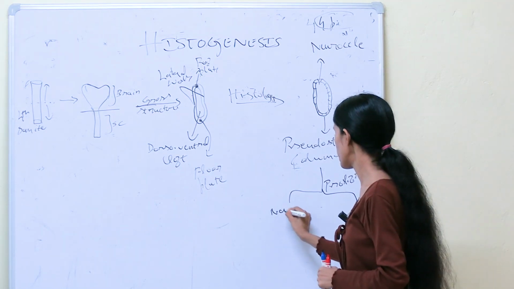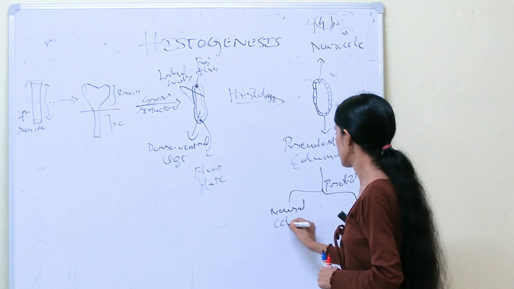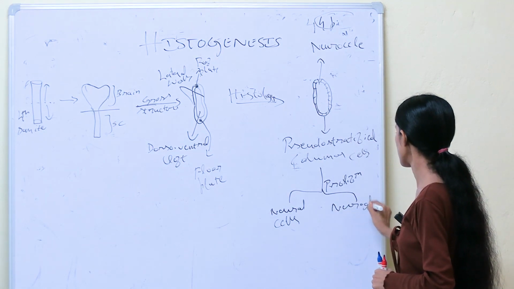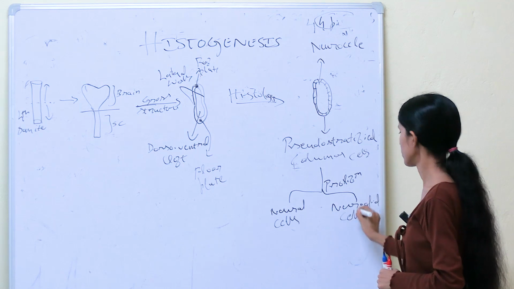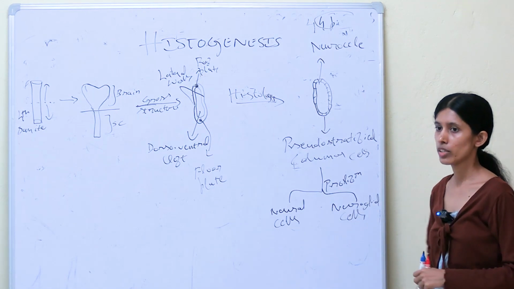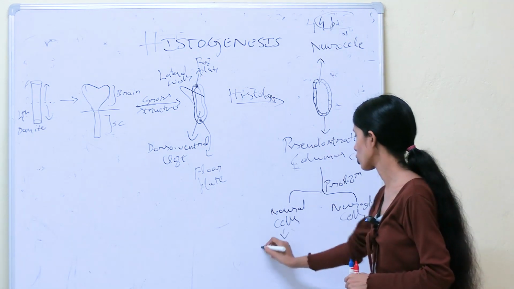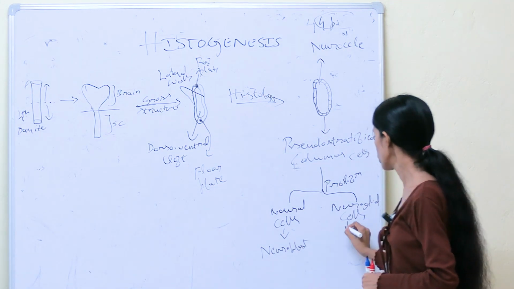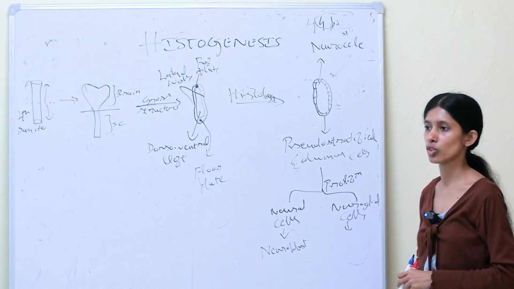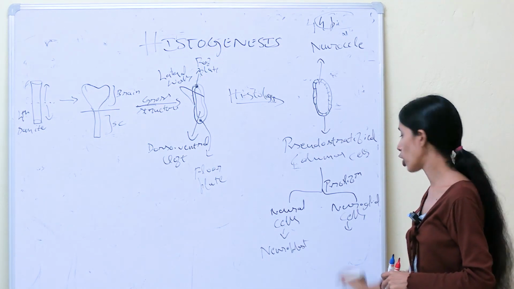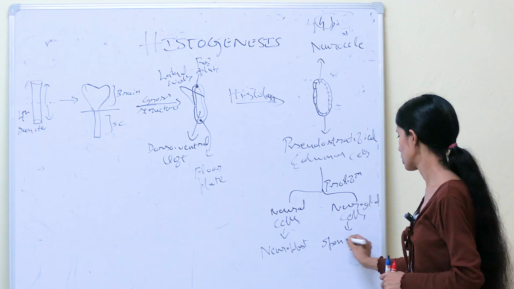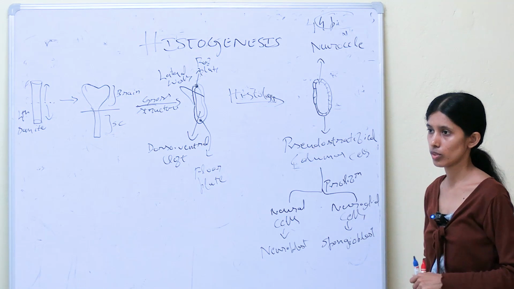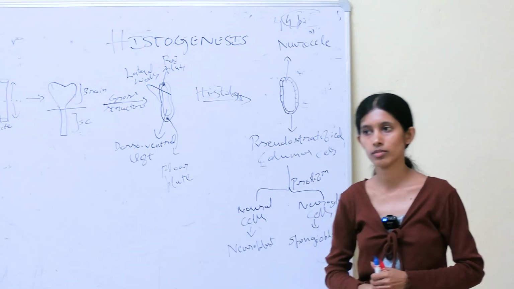Neural cells and neuroglial cells. The neural cells formed here are called neuroblast cells, and the neuroglial cells formed here are called spongioblast cells. Okay, any doubts?